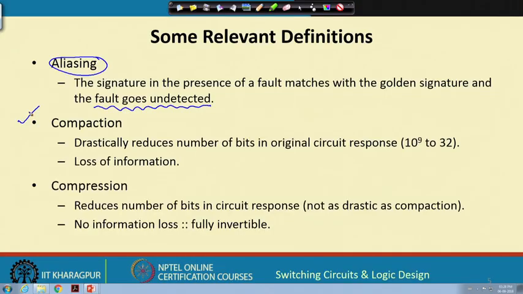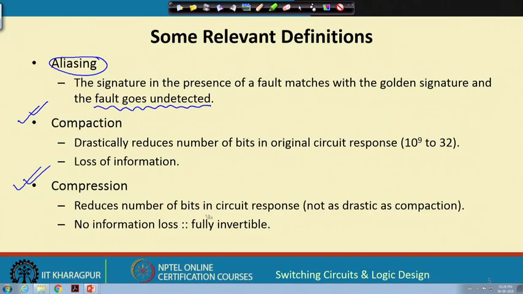Well, to reduce the size of data, we broadly use two techniques. One is called compaction, the other is called compression. Now, in computers sometimes we compress files. There are commands like tar, zip, rar, many commands are there.